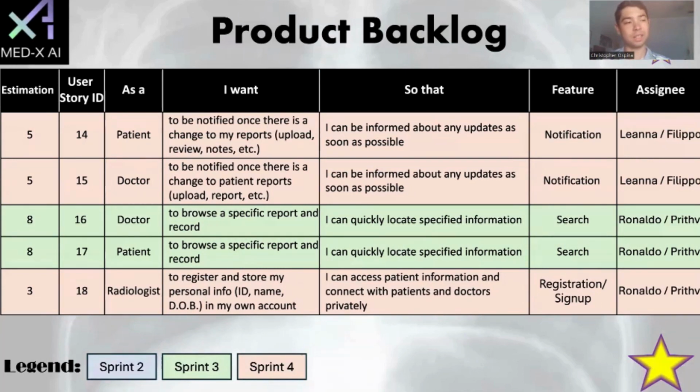For patients, their medical records and allowing private connection with doctors, and for doctors, vice versa. And as for the login features, it's important we have them so that both patients and doctors could securely access their information.